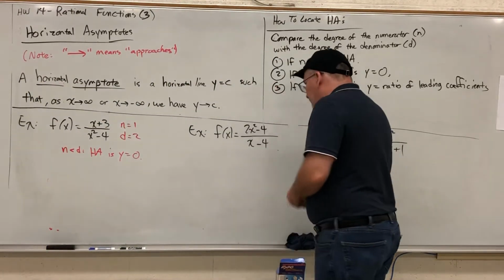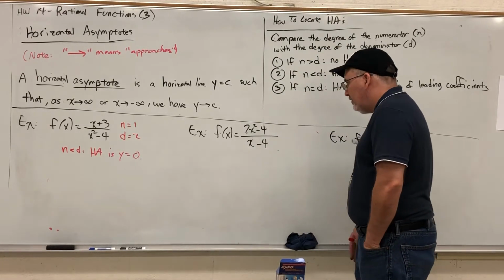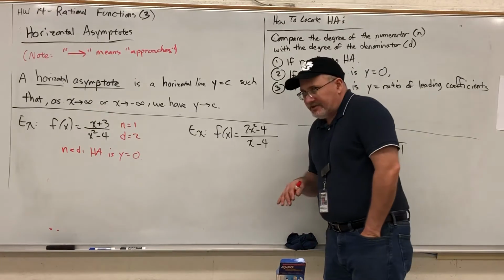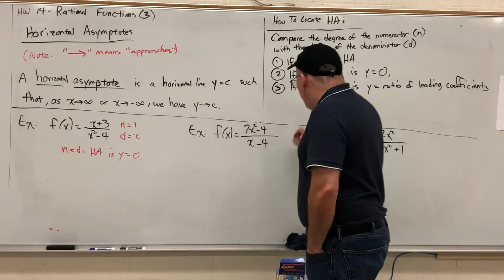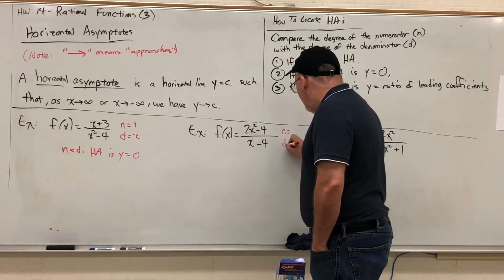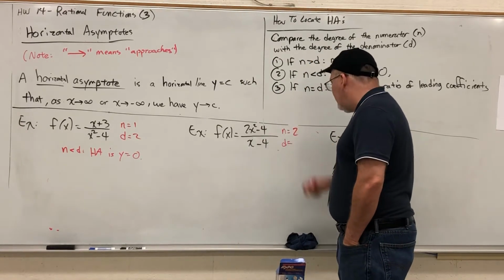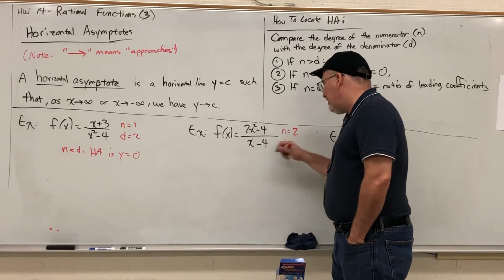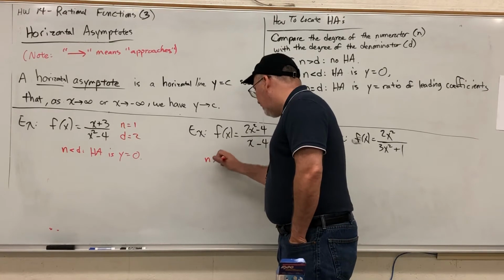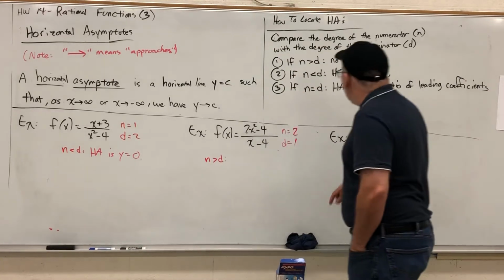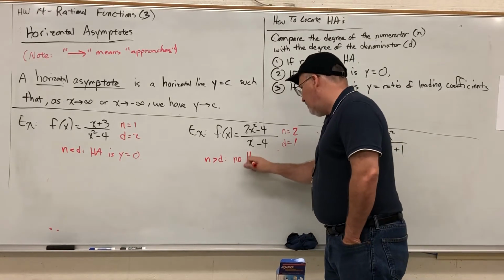Second example, f of x equals 2x squared minus 4 over x minus 4. Not the same as the second example from the last time. I inserted a square on the top. But let's compare degrees. The highest power in the numerator is 2, but the highest power in the denominator is just 1. So in this case, we have the numerator with the greater degree than the denominator, and when that happens, there is no horizontal asymptote.